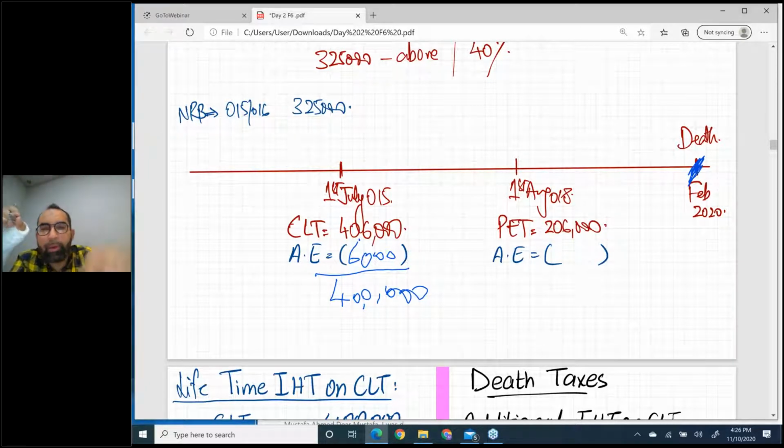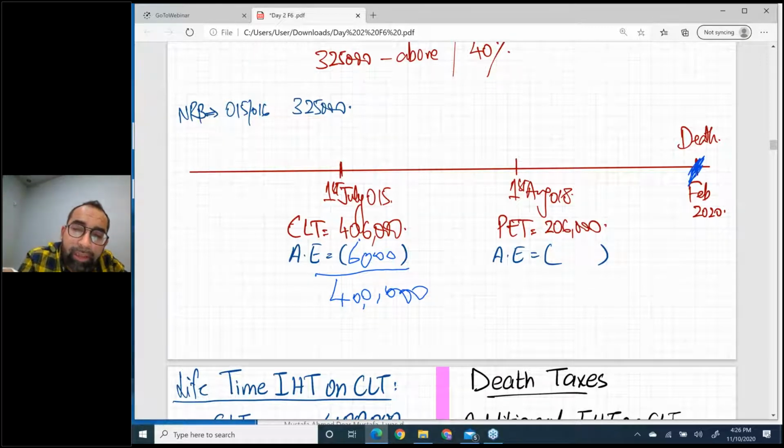Now for the PAT on 1st August 18, it is 206,000. 1st August 18 lies in the 18-19 fiscal year. Boys and girls, please look at me. Before 18-19, the last fiscal year is 17-18, and you can see there is no gift in 17-18. So the 17-18 annual exemption is unused.